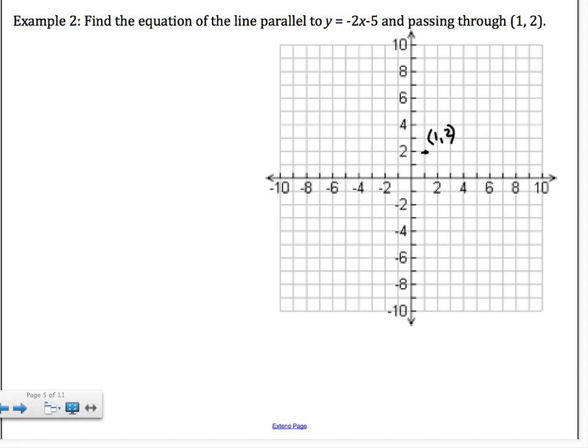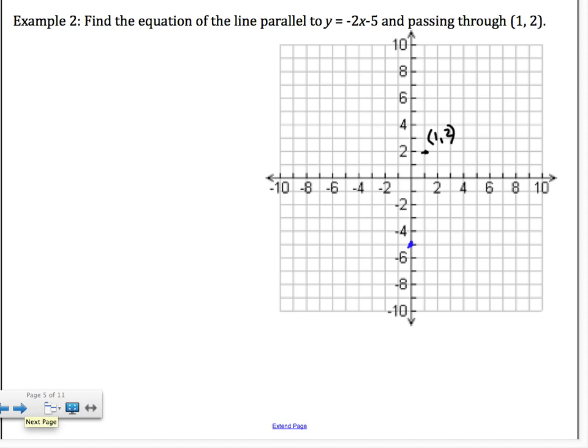Think about what the question is asking. Find the equation of the line parallel to y is equal to negative 2x minus 5, passing through 1, 2. Well, how can we get the y-intercept? So the y-intercept is negative 5?